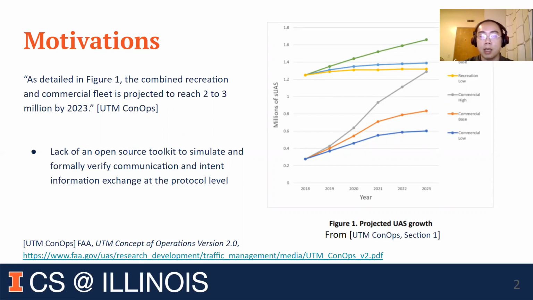NASA, FAA, and other corporations are actively developing UTM use cases and protocols in order to safely operate a large number of autonomous aircraft. However, our finding is that there's a lack of a framework to formally verify, simulate, or analyze the communication and the intent information exchange of UTM protocols.